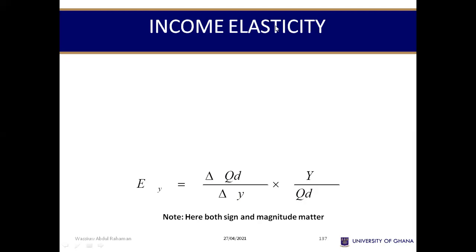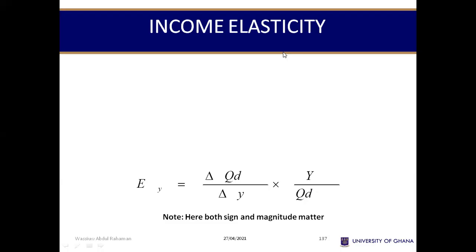Okay, so the next thing I want us to look at is the income elasticity of demand. Now, with the way we have explained price elasticity of demand and cross price elasticity of demand, income elasticity of demand should be quite obvious to you.